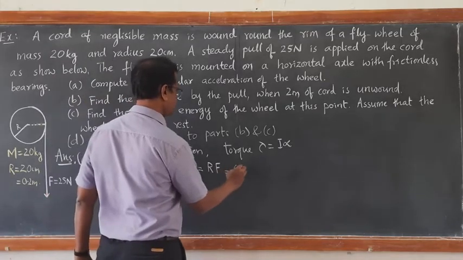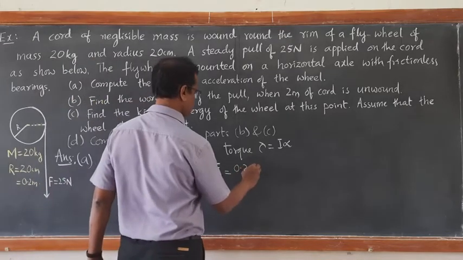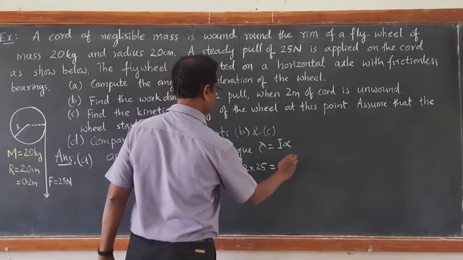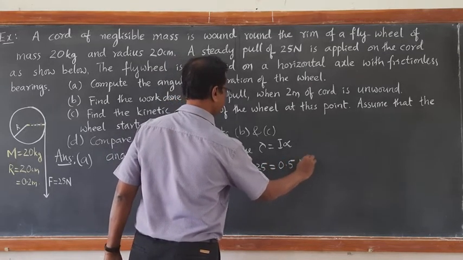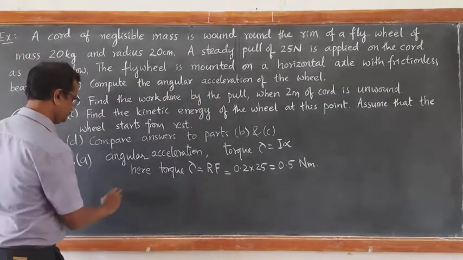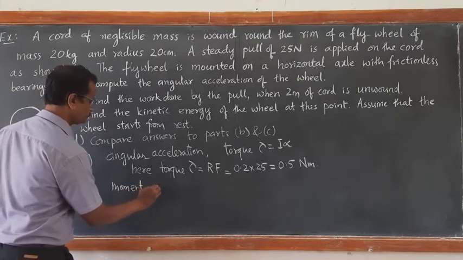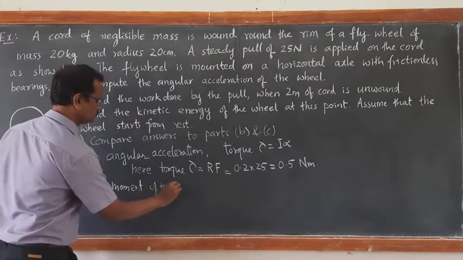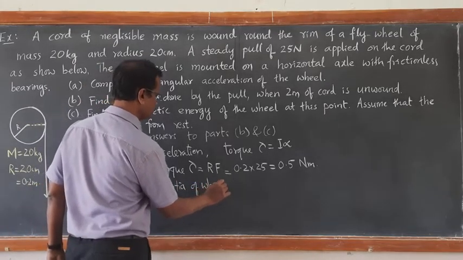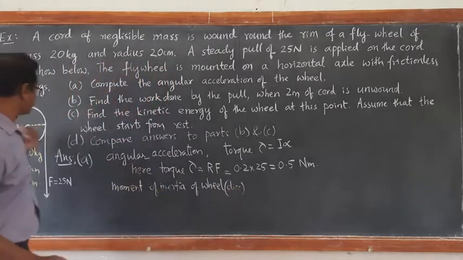So torque can be calculated as radius 0.2 meter and force 25 Newton. So it becomes 0.5 Newton meter. Now, moment of inertia of the wheel. The wheel is considered to be a circular disc about an axis passing through its center.